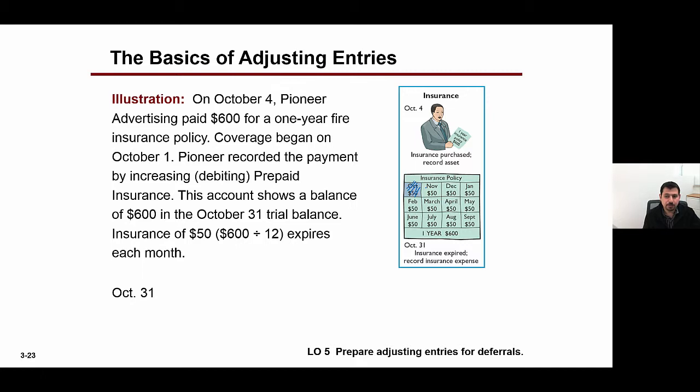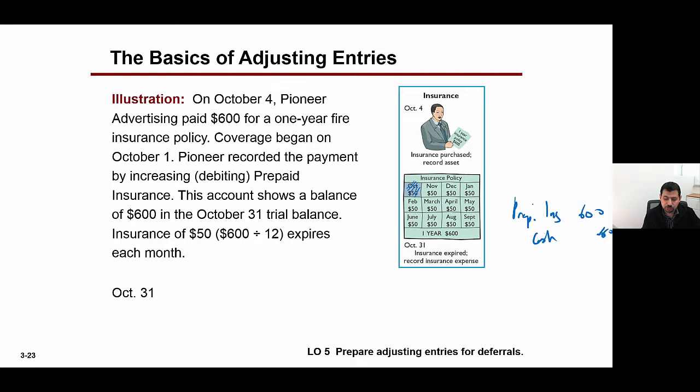And this is why, it was originally recorded, like we said, when we bought it, let's say that we bought it with cash, prepaid insurance was debited 600, cash was credited 600. But now we have to adjust for that one.